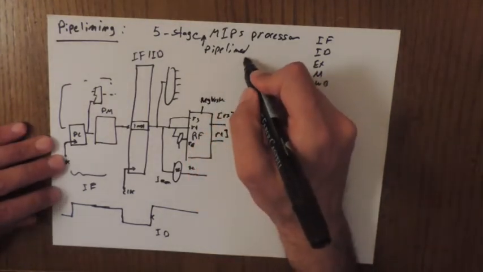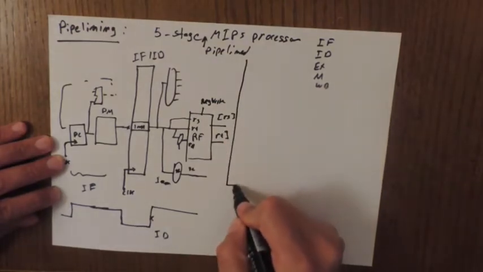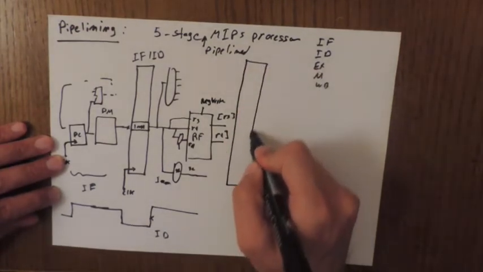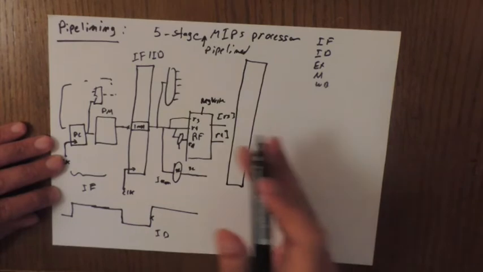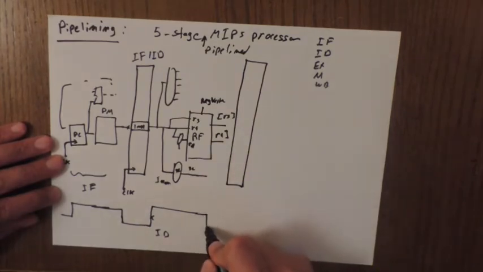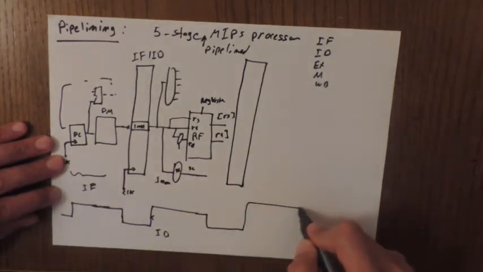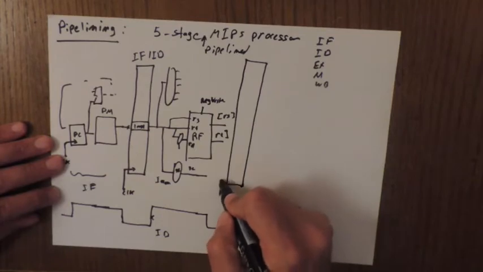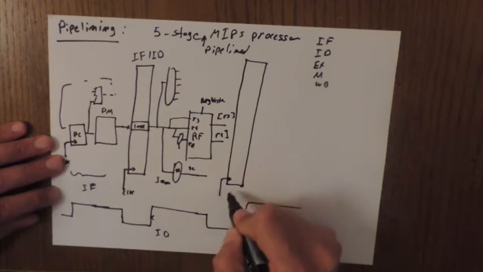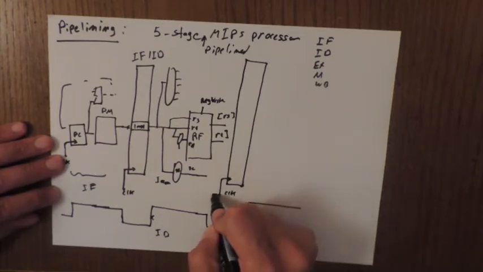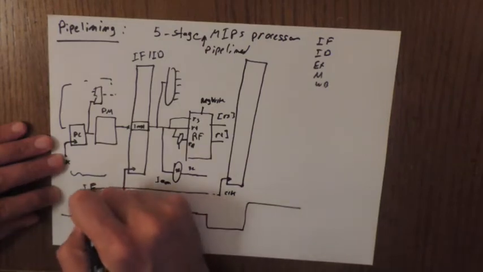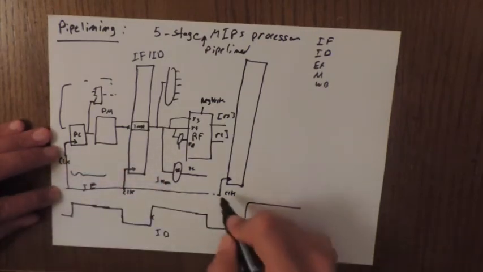Then we add another pipeline register to separate the two stages. And of course it's also connected to a clock. This clock, they are all connected together.